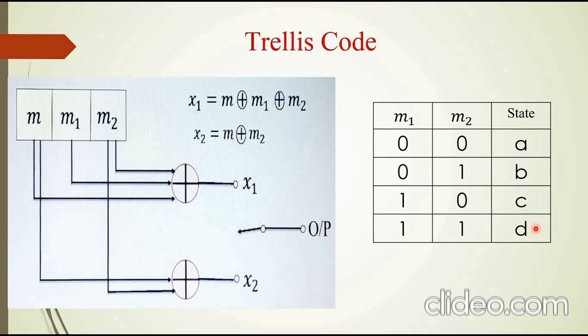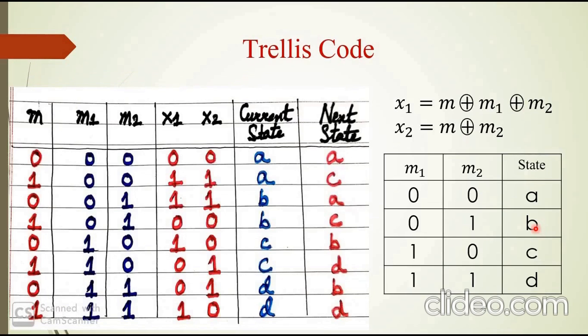Before we go for drawing the code trellis and state diagram, we should calculate all the possible combinations that exist with the convolution encoder.